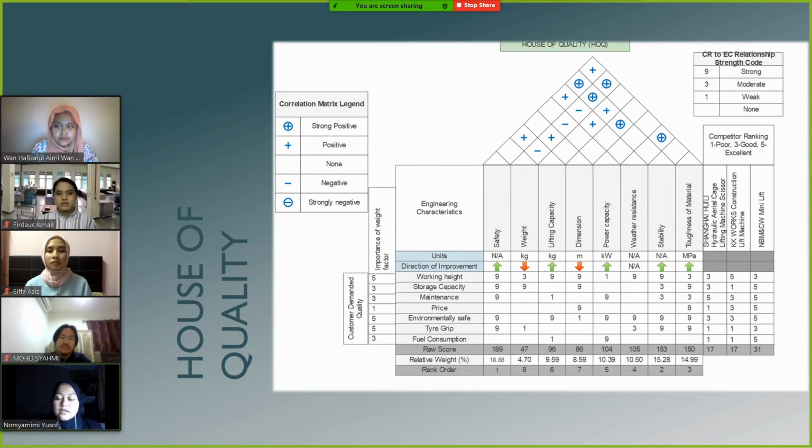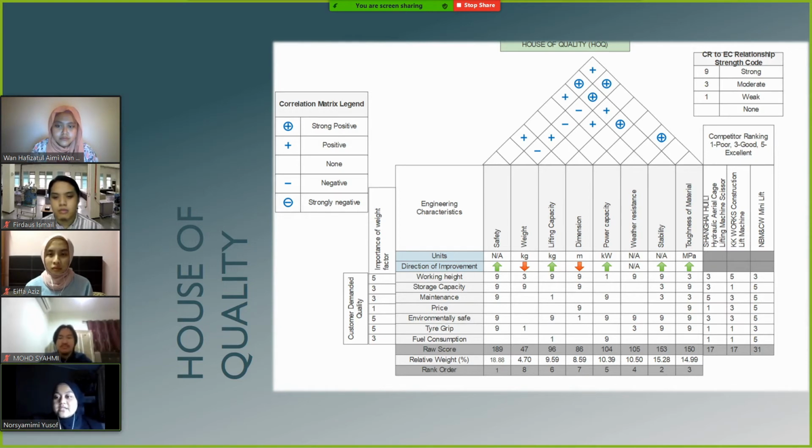The second rank is stability of the crane, which is the crane needs to work at certain ground conditions, followed by toughness of material, which will contribute to the capability of crane to work under certain conditions, followed by weather resistance, power capability, lifting capacity, dimension, and lastly the weight of the crane.